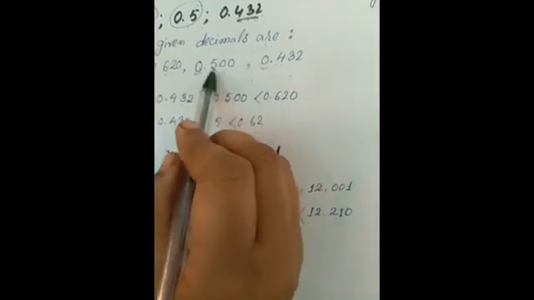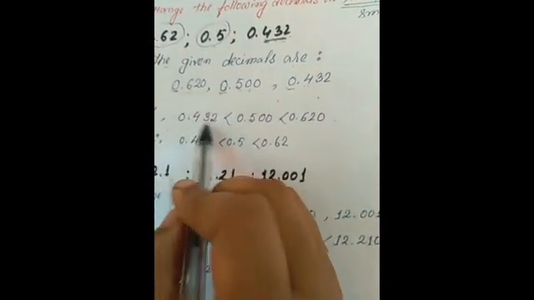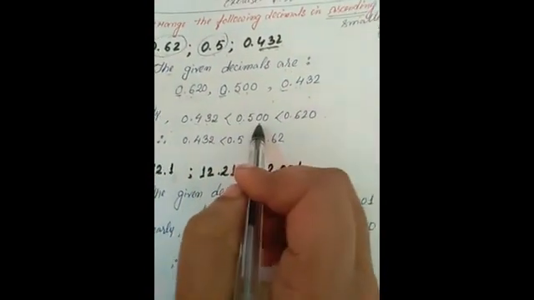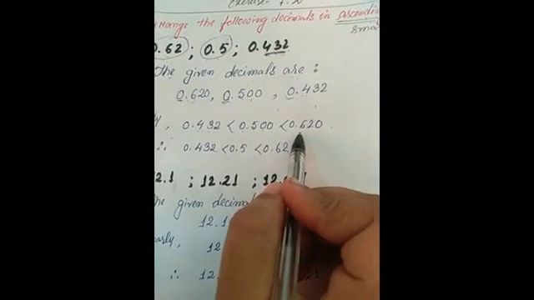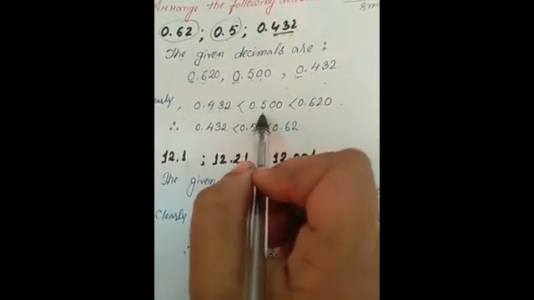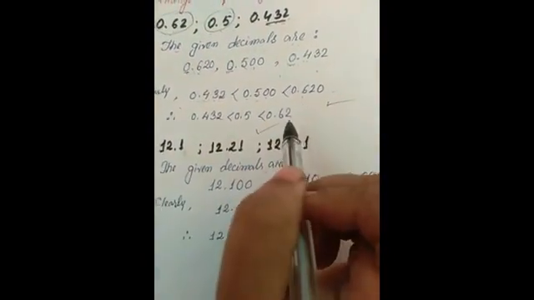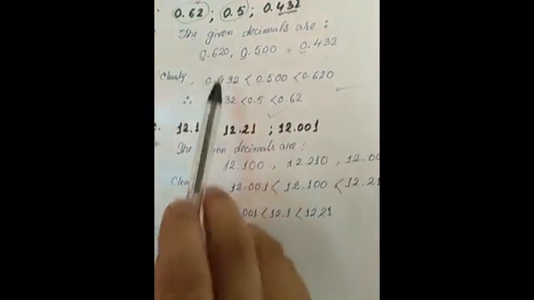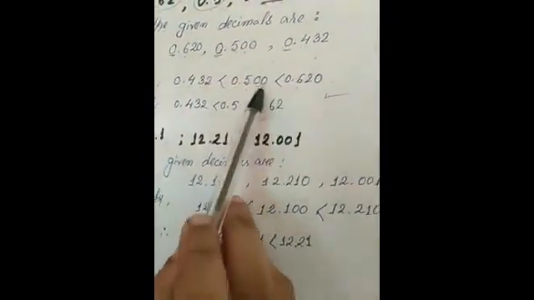Then after 4, what comes? 5. Then 6. So at first we will write 0.432, then 0.500, then 0.620. We only compared the tenths place. So this is the ascending order: 0.432 is less than 0.500, which is less than 0.620.